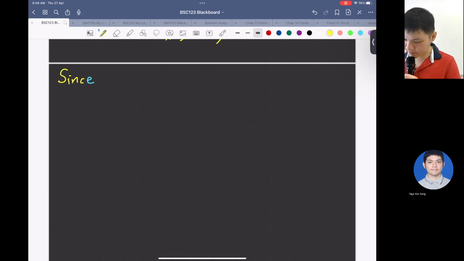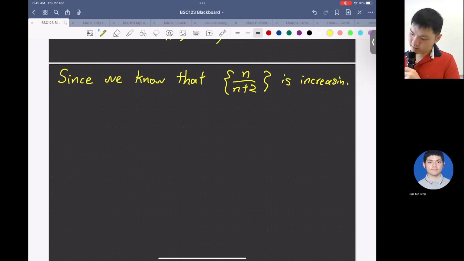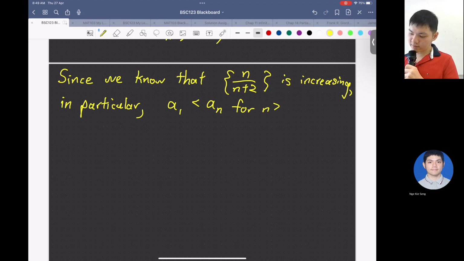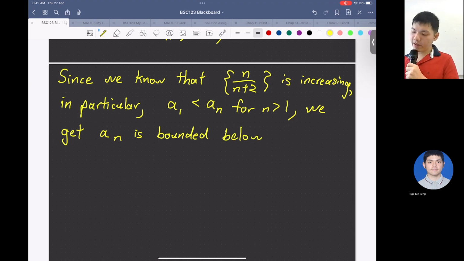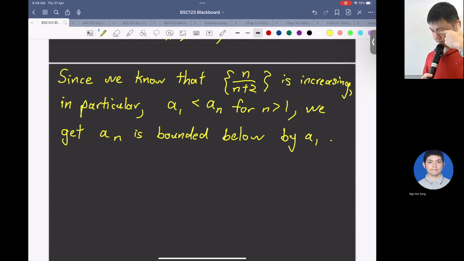Since we know that n over n plus 2 is increasing, in particular, a1 is less than a_n for all n greater than 1. We get a_n is bounded below by a1.